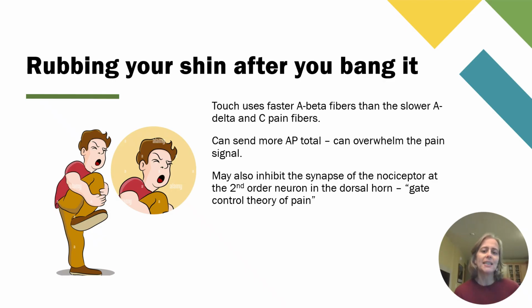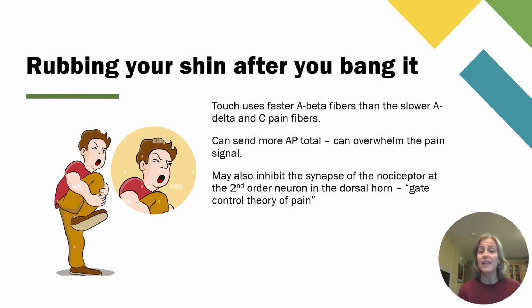There's also this idea that something might be happening to inhibit that synapse of the nociceptor's first order neuron with the second order neuron that's sitting in the dorsal horn of the spinal cord. So there might be something where the touch perception is suppressing pain reception right there at that second order neuron for the pain pathway that's about to go into the lateral spinothalamic tract.